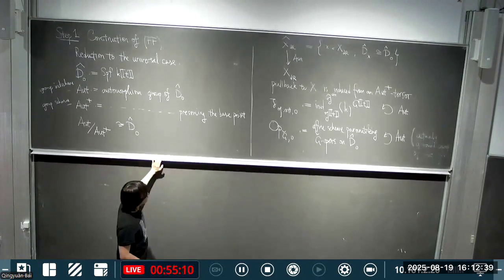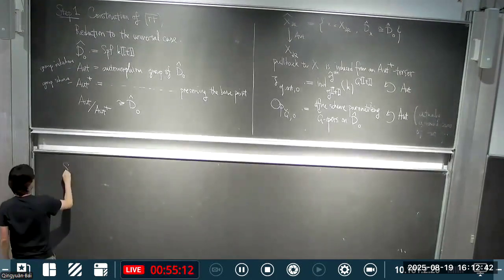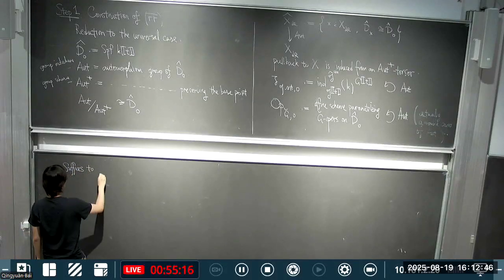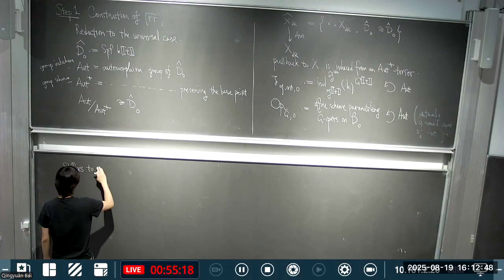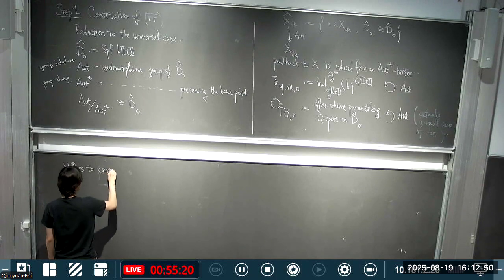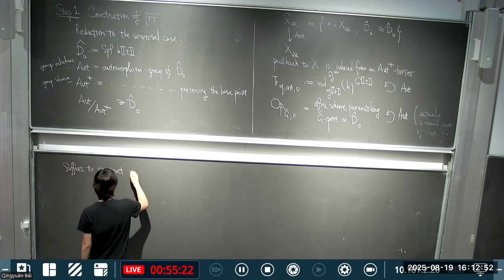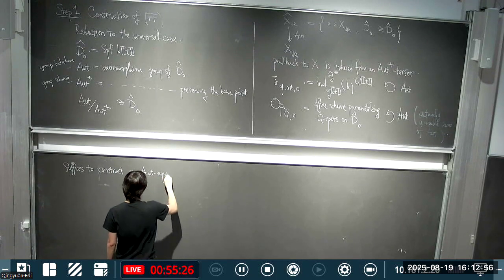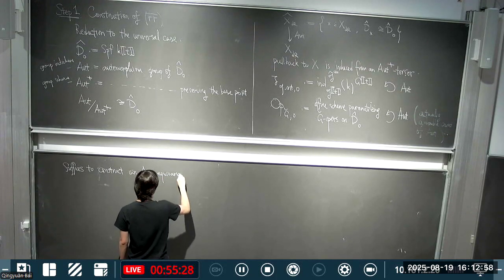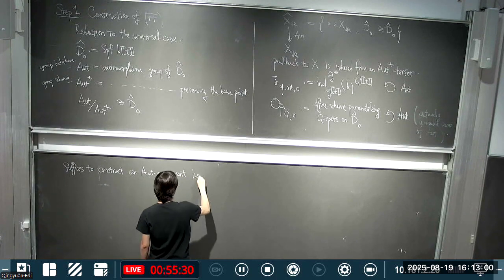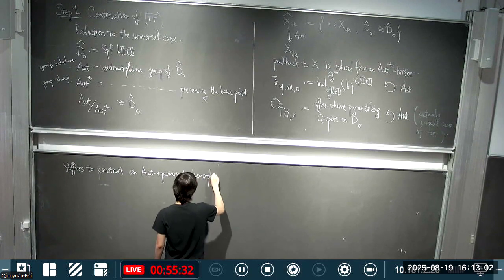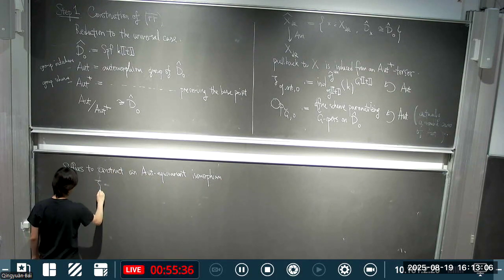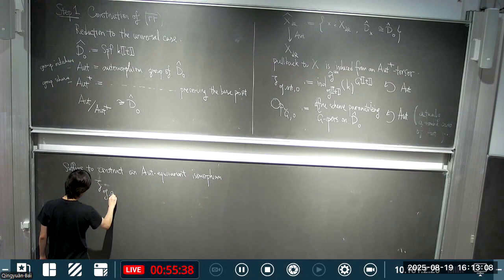So it suffices to construct an Aut equivariant isomorphism of commutative algebras between this Z G crit.